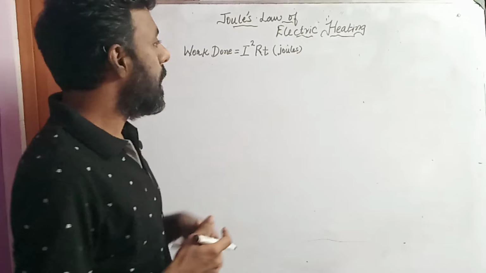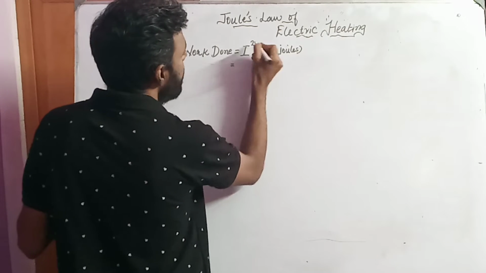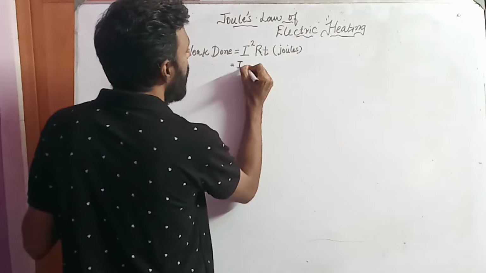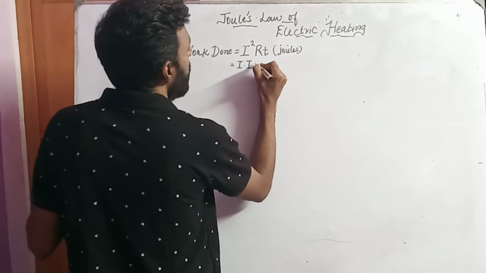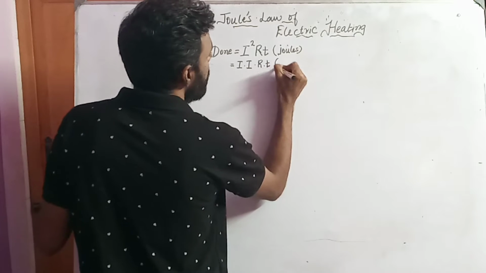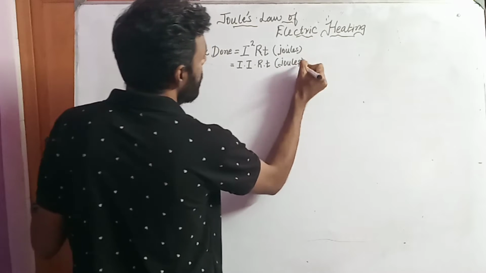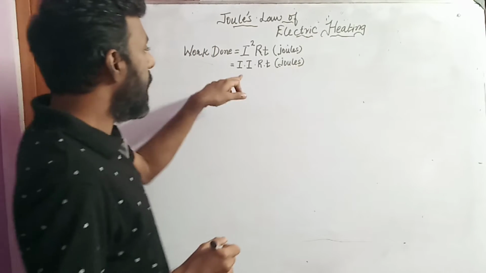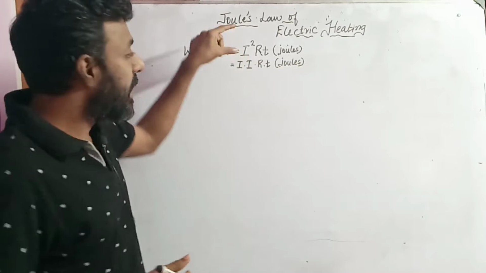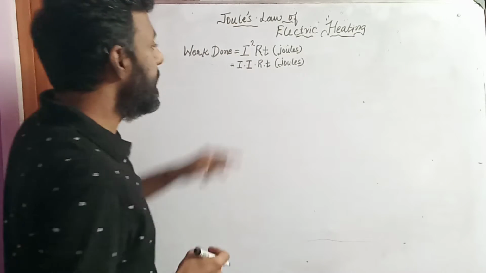This I squared RT joules I can further simplify: I squared can be written as I into I, so it will be I into R into T joules.